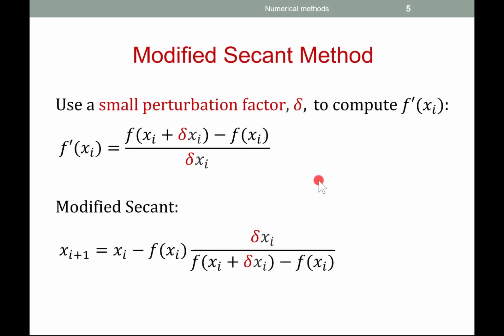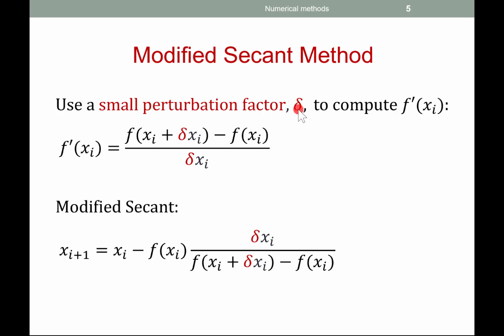So the secant method is good, but what's better is the modified secant method. Why? Because it controls how far away that second point is by using a factor called the small perturbation factor, symbol delta, and by picking a very small value for this factor, we control how far away my second point is all the time, making sure that it's a small distance away.